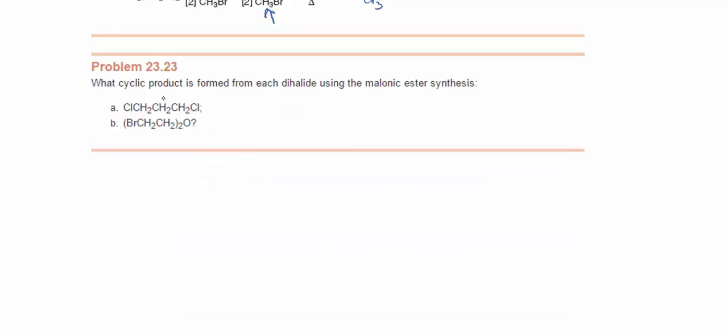Number 23, what cyclic product is formed from each dihalide using the malonic ester synthesis? Well, it might be easier to see this. This is going to be an intramolecular malonic ester synthesis. I'm going to draw it like this. There's 1, 2, 3. That's one too many here. There's our chlorine. And so then we need our malonic ester.